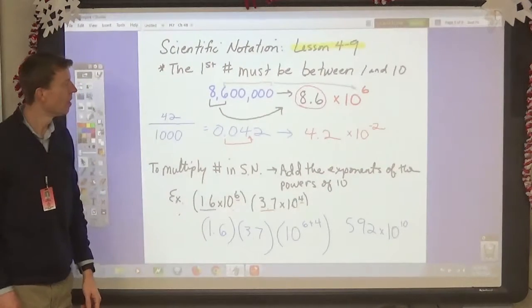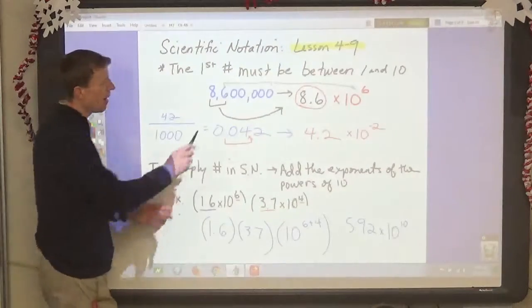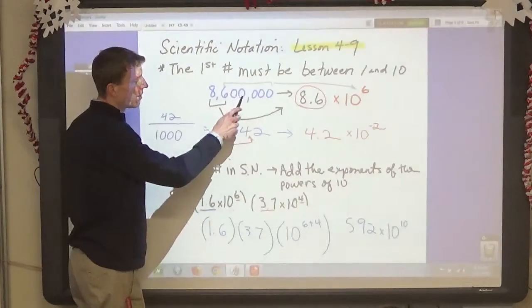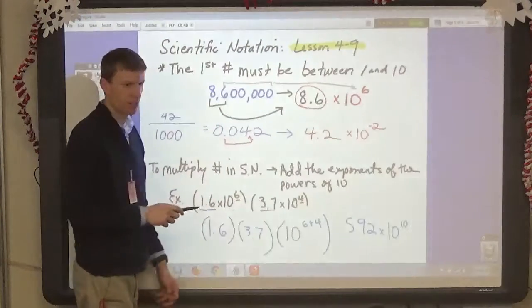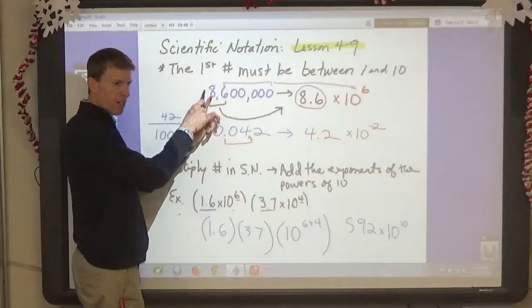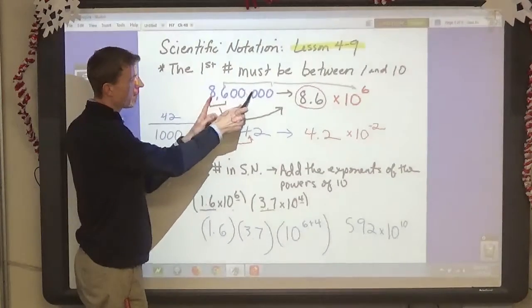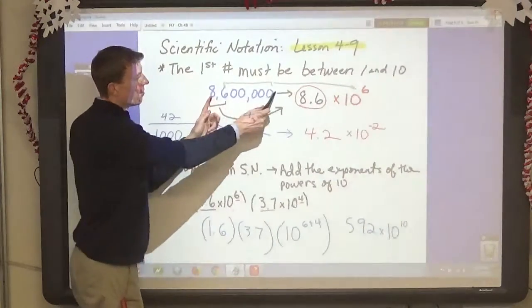Okay? Then, after that, you count the number of places after that digit. So, here's the first digit. How many places are there after that first digit? 6 places.